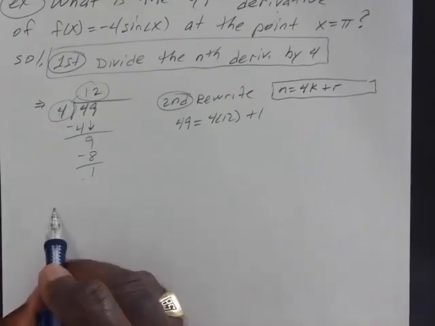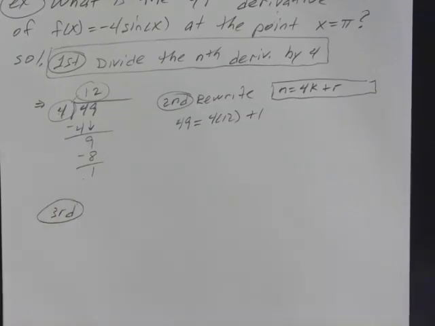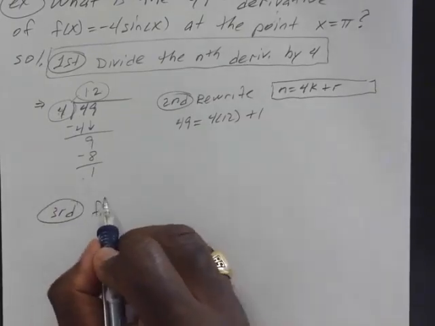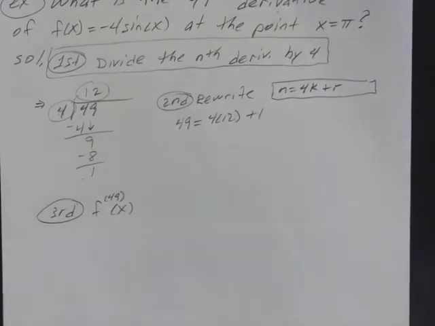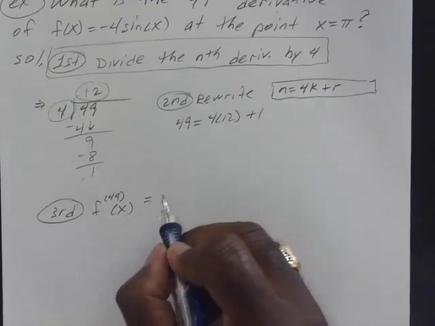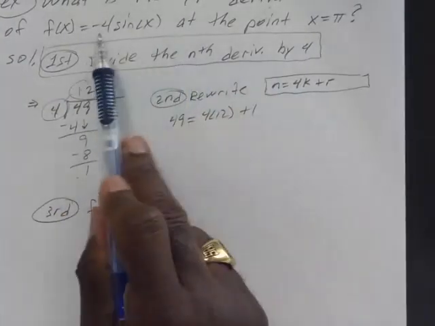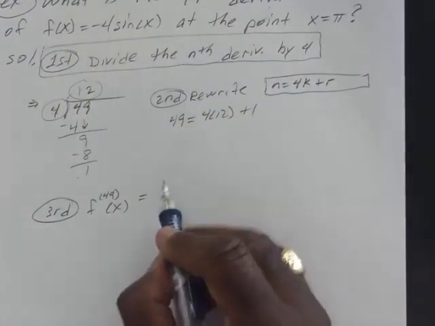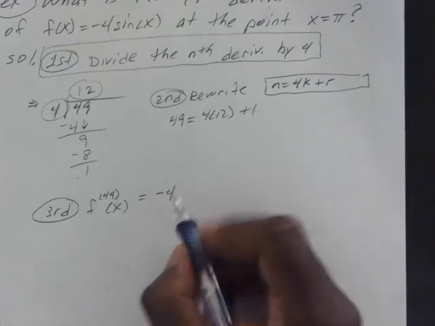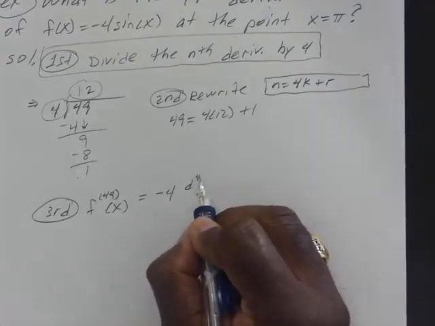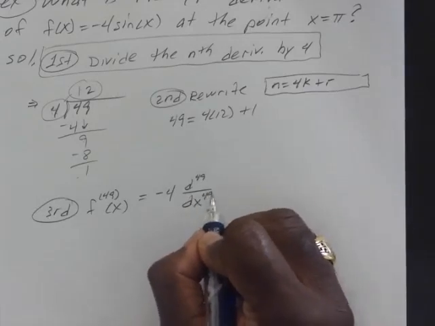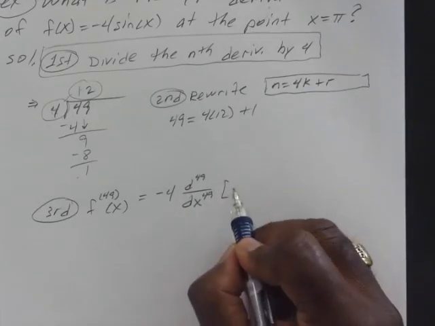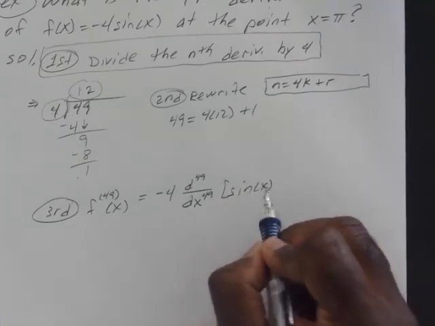Okay. Now, for the third step, we know that our 49th derivative of x is just, oh, there it is. You have -4 times sine of x. So that's just -4 times the 49th derivative of sine of x.